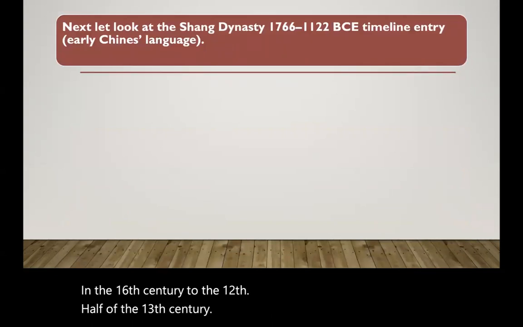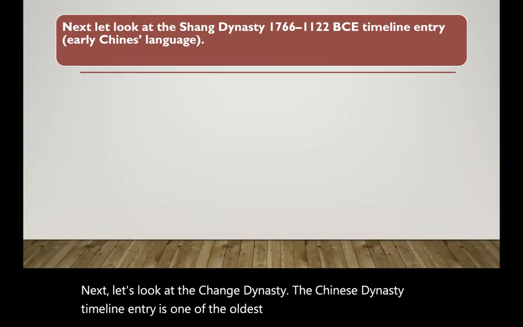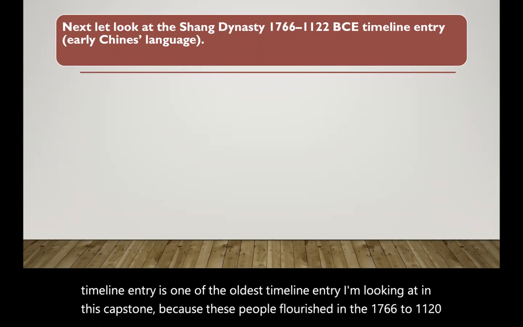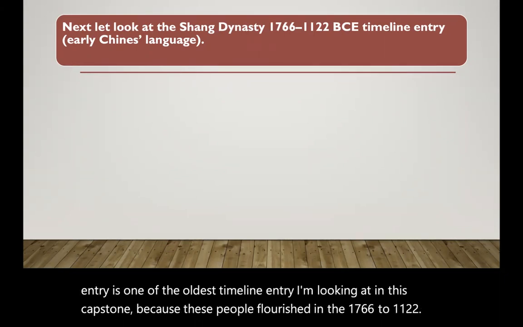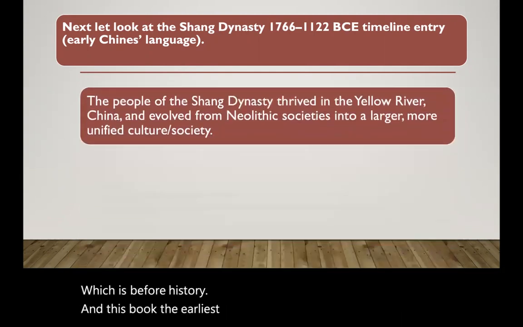Next, let's look at the Shang Dynasty. The Shang Dynasty timeline entry is one of the oldest timeline entries I'm looking at in this capstone because these people flourished from 1766 to 1122 BCE, which is before history, and they spoke the earliest Chinese language.